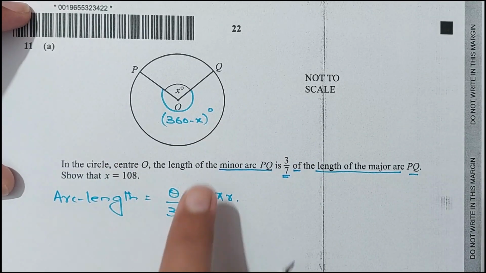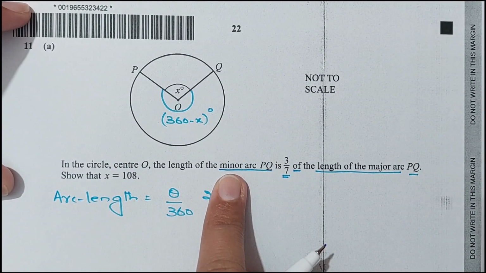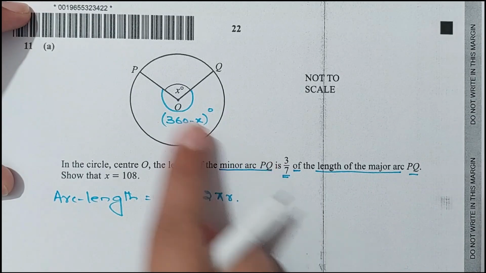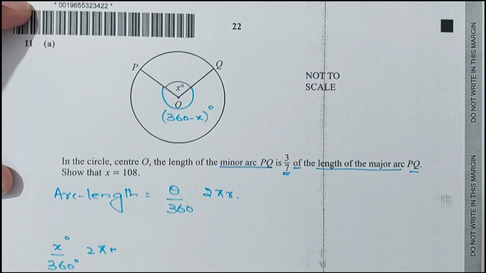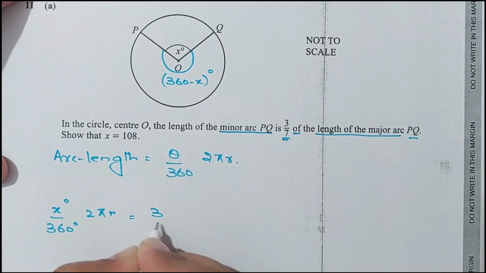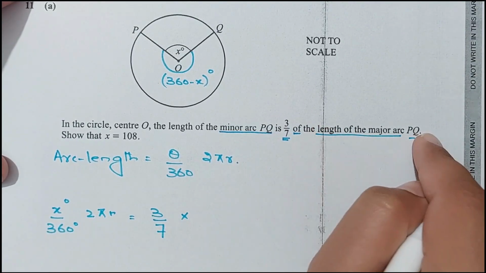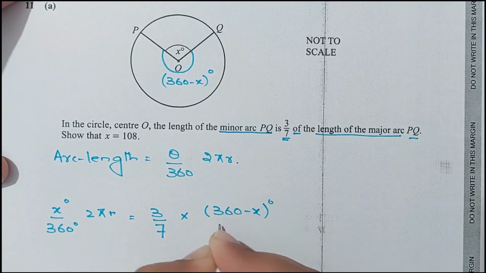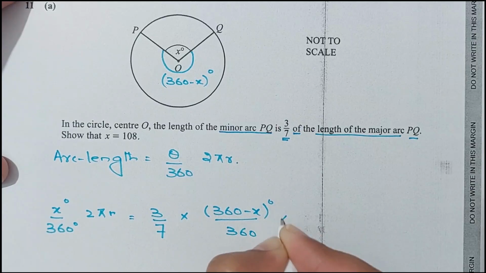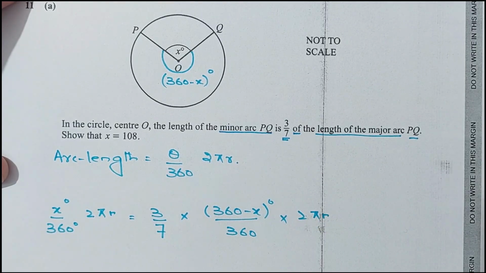The length of the minor arc is x over 360 times 2 pi r. We don't know the radius. This is equal to 3 by 7 of the length of the major arc. The major arc has angle 360 minus x degrees over 360 times 2 pi r. 2 pi r is cancelled with 2 pi r.